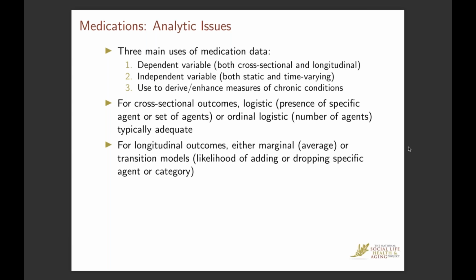For longitudinal outcomes, one might consider either a marginal model, that is changes in the average likelihood of taking an agent or a class of agents, or transition models, which allow you to look at the individual level, whether a person has from one wave to the next picked up use or added use of a particular agent or a class, or actually dropped it.